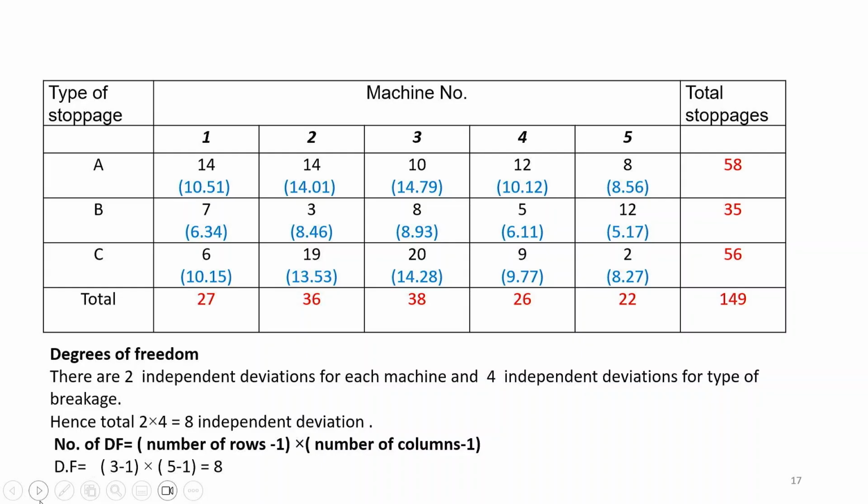And you can compare, actual is 8, it is 8.56. Actual is 12, but expected is 5.17. It is expected 2, it is 8.27. So like that, the values have been calculated and they are shown in blue colors.